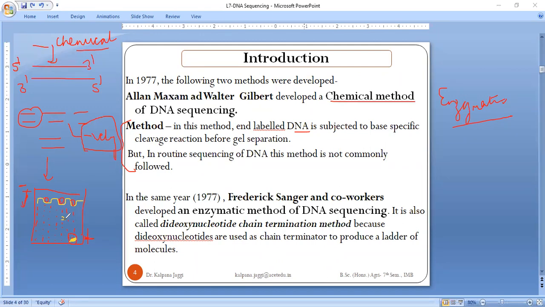Say it migrated till here only, and here will be the formation of a band. Similarly, if it is of small size, it will migrate fast through the pores present in the gel, which are due to the agarose, towards the opposite end, and say somewhere here a band will be formed.